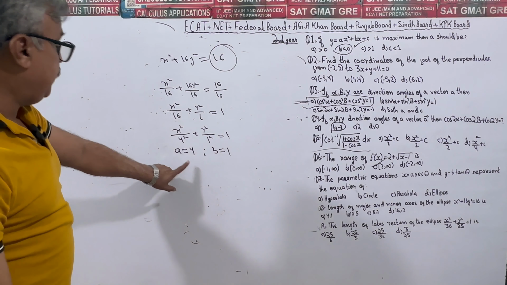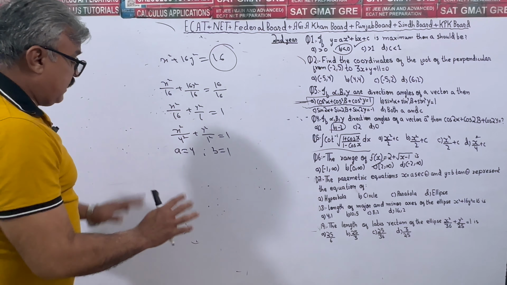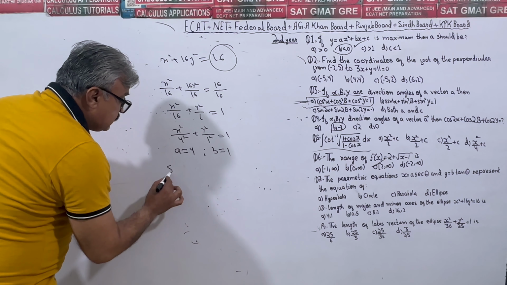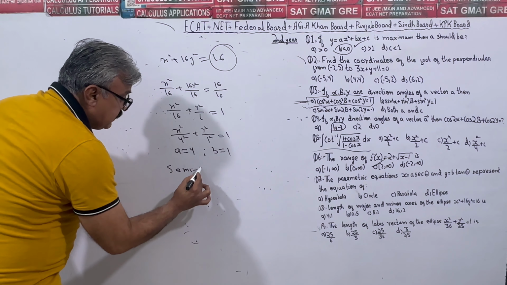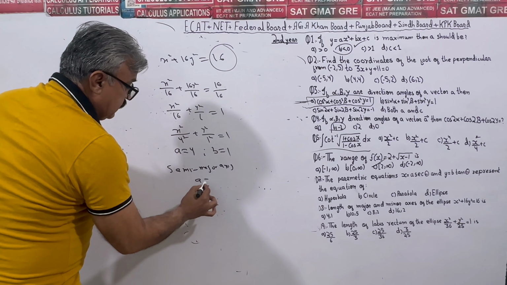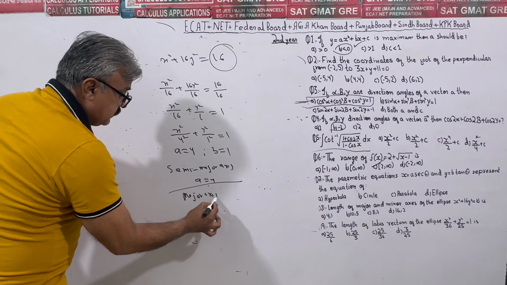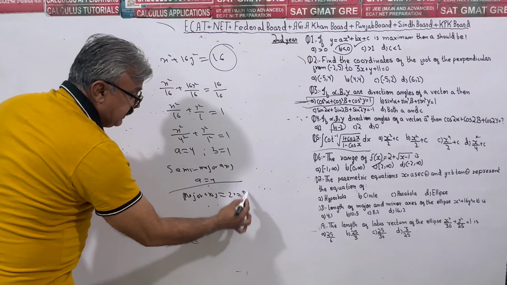So the length of the major axis is going to be 2a, and the length of the minor axis is going to be 2b. The value of a is the semi-major axis, then a is equal to 4. The major axis is 2a, which means 8.